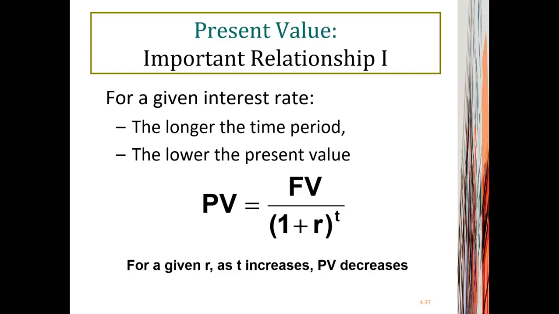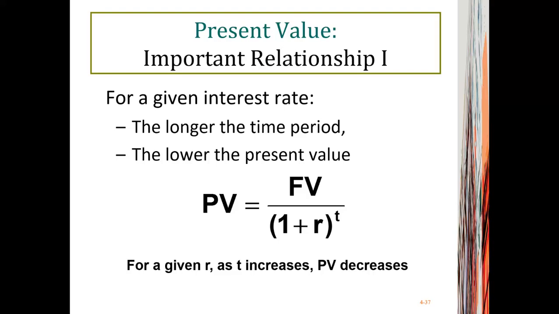So let's review this very important formula for PV. PV is essentially the discounted value of FV. Mathematically, that equals FV divided by 1 plus R raised to the power of T. Here you see two very important relations. One is the relation between interest rate and the PV.